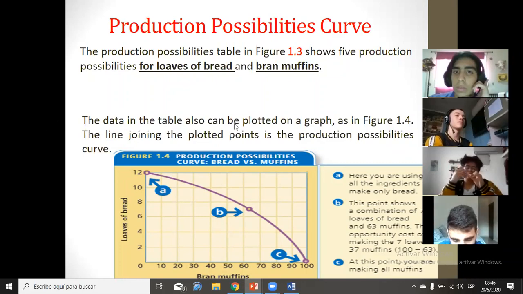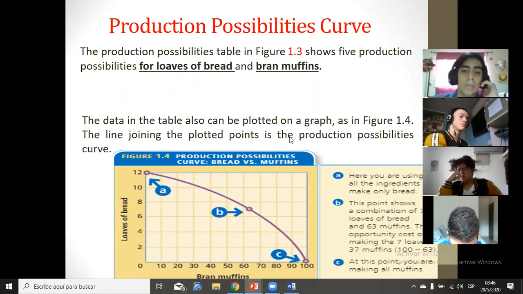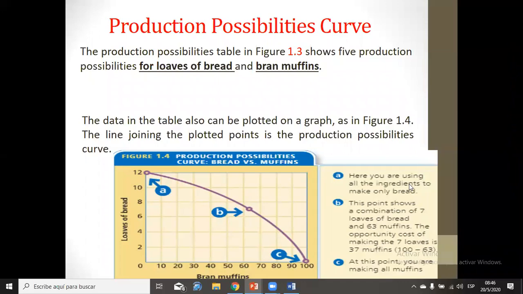Now, the data table also can be plotted on a graphic as in figure 1.4. This is 1.4. The line that joins the plotted points is the production possibility curve, okay? Over here, there's information. Here you are using all the ingredients. In point A, this one, you are using all the ingredients to make only bread.